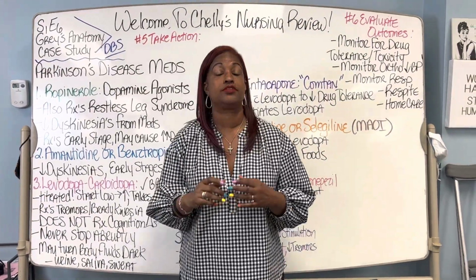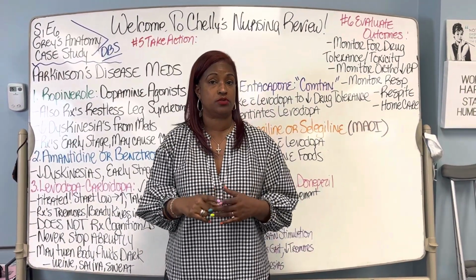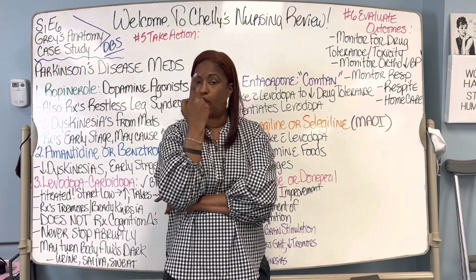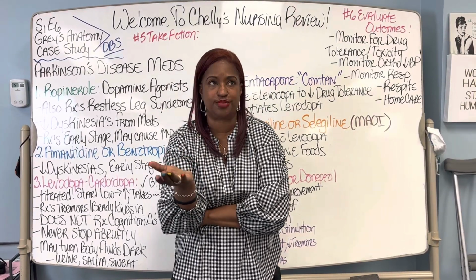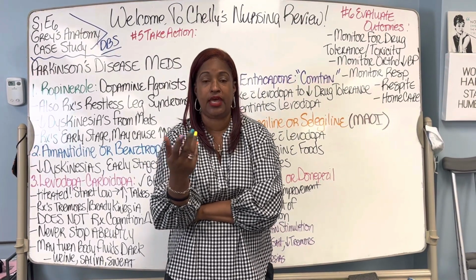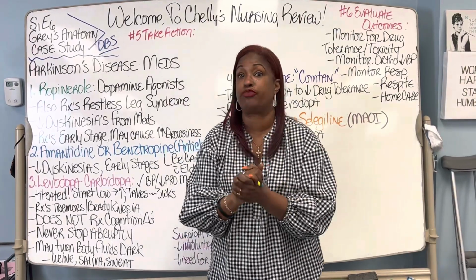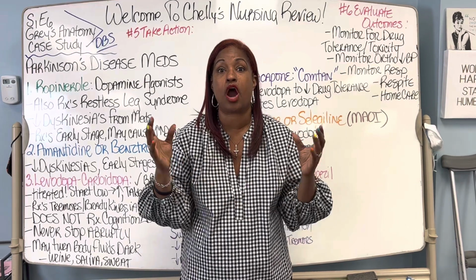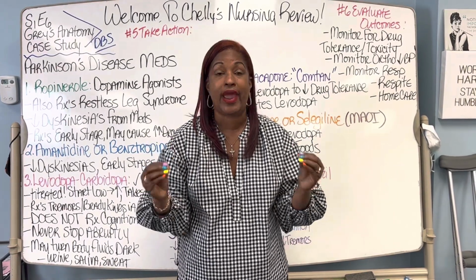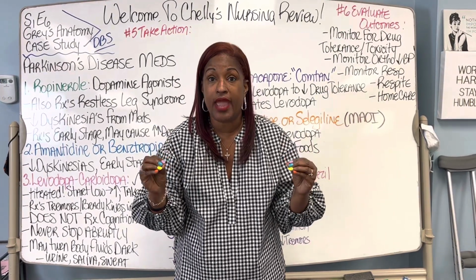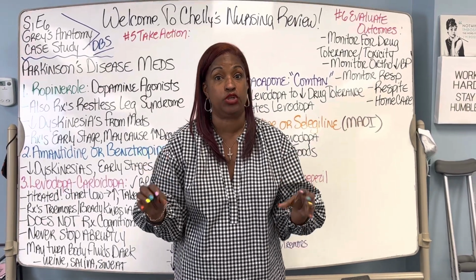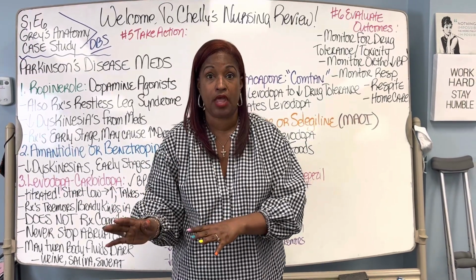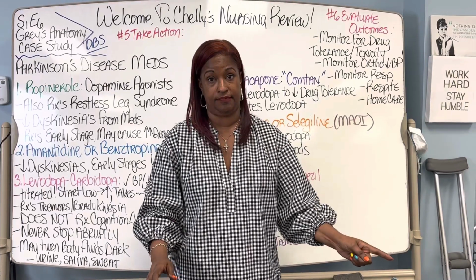Now, if you are sitting there going, what is a clinical judgment model and what does it have to do with me? Let me explain for real. The clinical judgment model is what you are judged on, graded on, evaluated on, and scored on when you take an NCLEX exam and they give you a case study.